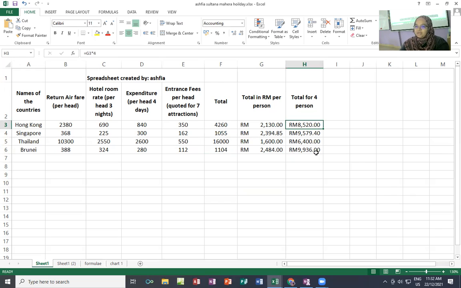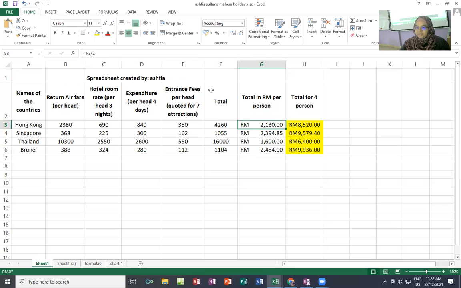So what do you do here? The total for one person, you have to times by 4. Then you will get the answer. This is the final answer. How did you get this number?